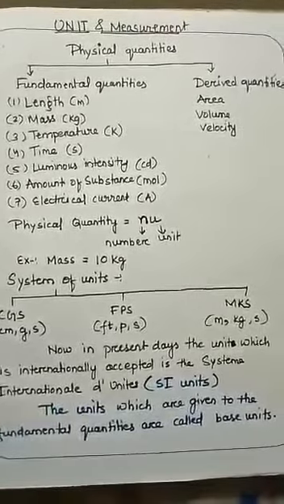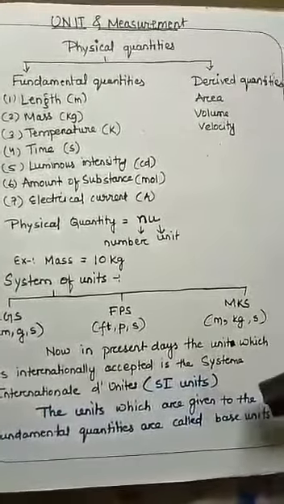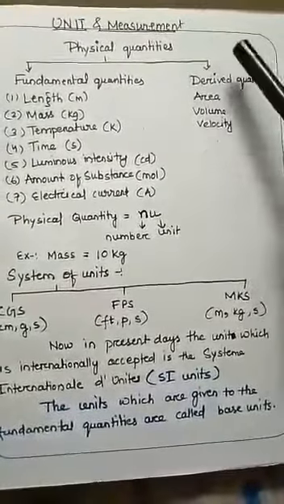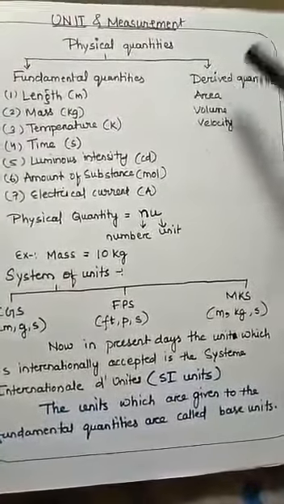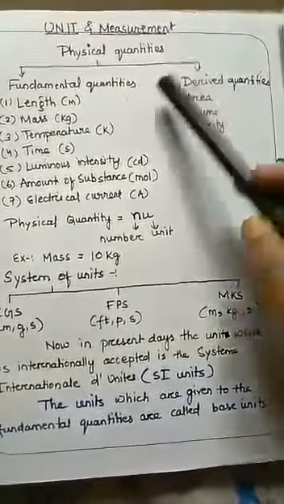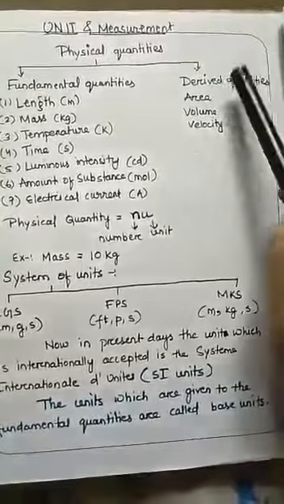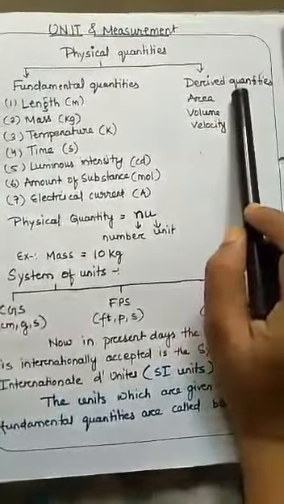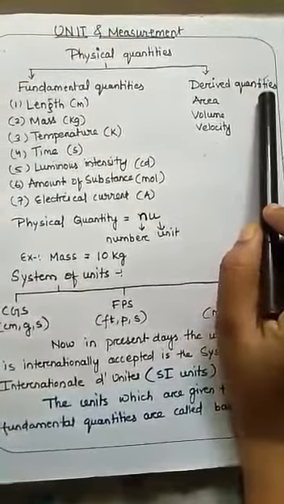So let us first know what a physical quantity is. A physical quantity is a property of a body which can be measured. This physical quantity is divided into two types: one is fundamental quantities and the other is derived quantities.